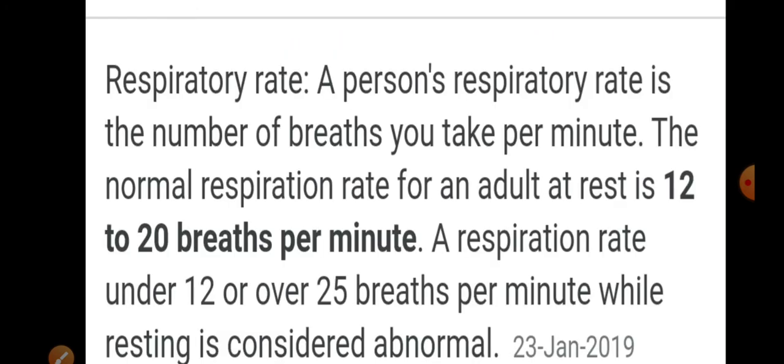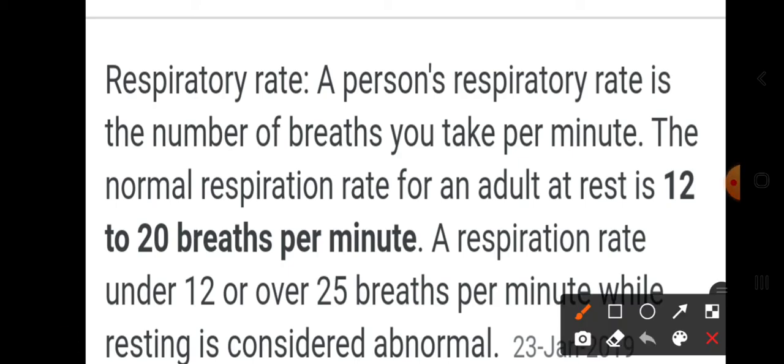So far we have discussed different respiratory organs in living organisms. Let us now learn what exactly a respiratory rate is. Respiratory rate is the number of breaths taken by a person per minute.